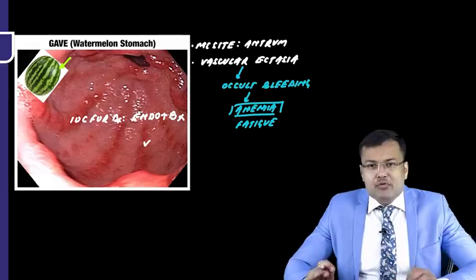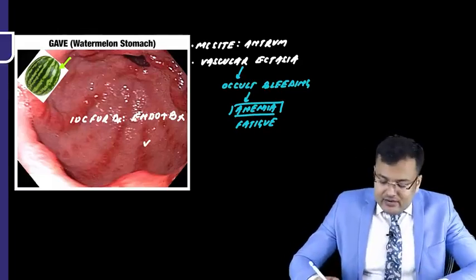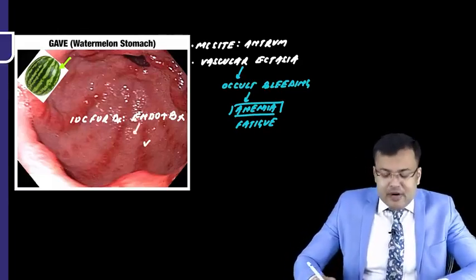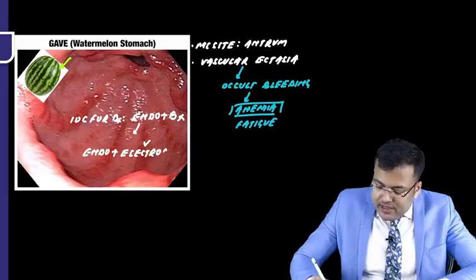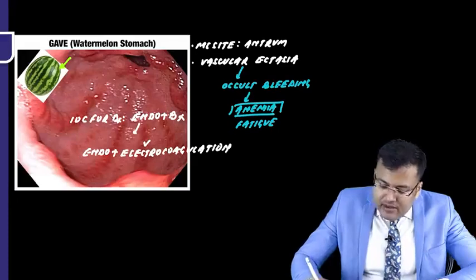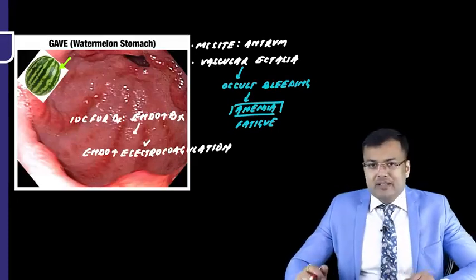Why? Because we have to confirm the vascular ectasia. And the treatment is also easy. What do we perform in the treatment? Endoscopy plus electrocoagulation. So this is how we manage GAVE or watermelon stomach.